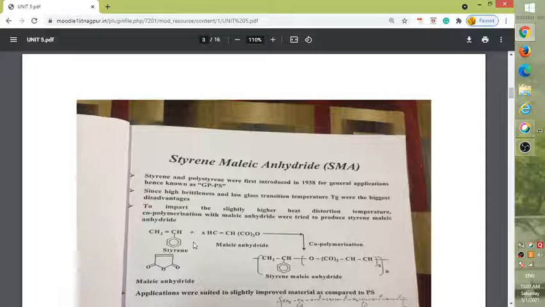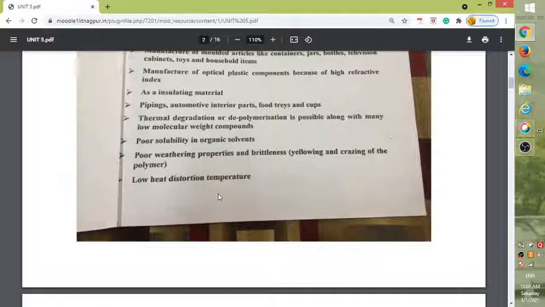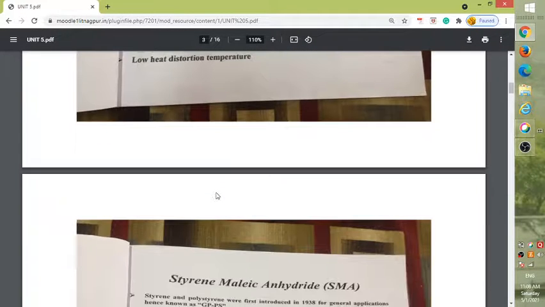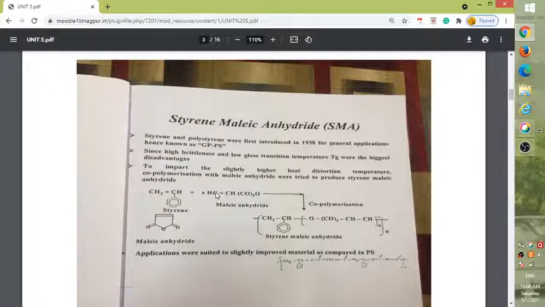So the thing he's saying is that one of the properties is that it has a very low heat distortion temperature, that polystyrene gets distorted at a very low temperature. That may be a negative point, but usually it does not happen till 60 degrees, so the temperature in the room, in the atmosphere, does not go above 60, so it's good.